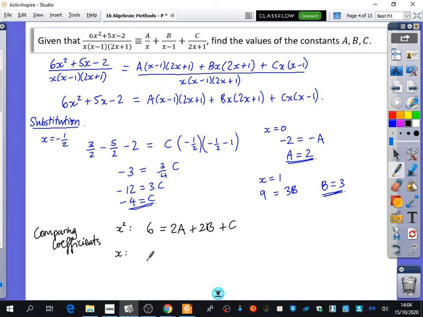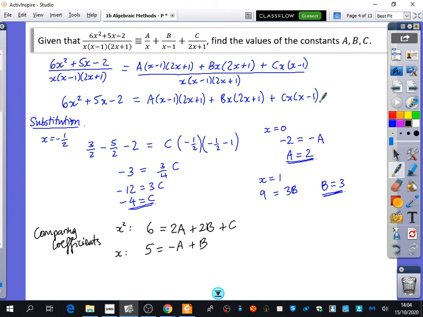So this one's going to be a bit trickier when we compare the x coefficients. So it's going to be 5 on the left-hand side. First of all, how many x's would we have here? Minus a, because you would have minus 2x plus x, which is minus x, so that's minus a. And the x's that you would have here, you're going to have 2x squared plus x, so it's just going to be plus b.